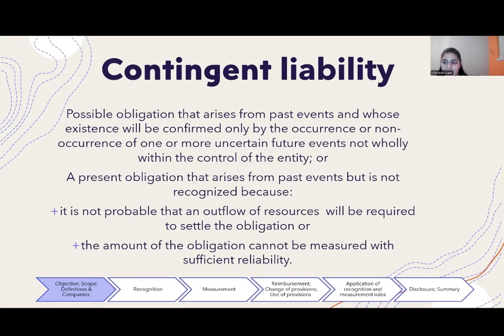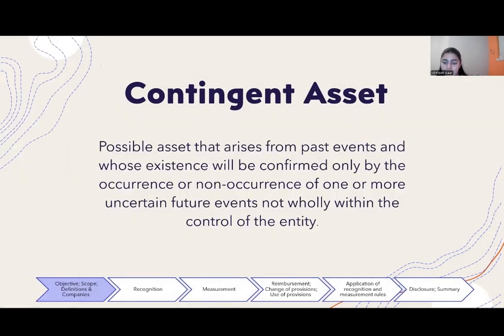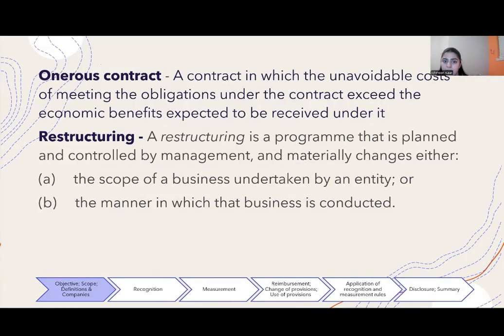It can also be a present obligation that arises from a past event that is not recognized because it's not probable that an outflow of resources is required or the amount of which is not sufficiently measured yet. Contingent asset is a possible asset that arises from past events whose existence will only be confirmed by the occurrence or non-occurrence of one or more uncertain future events that is not wholly within the control of the entity.